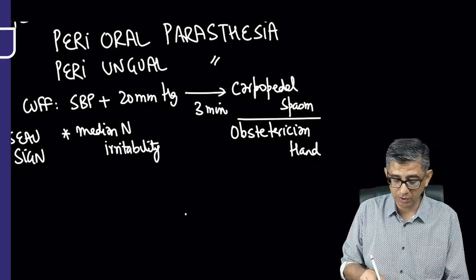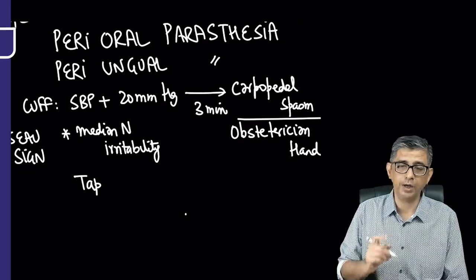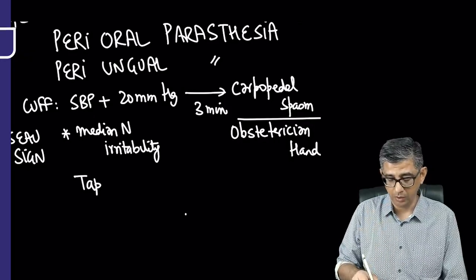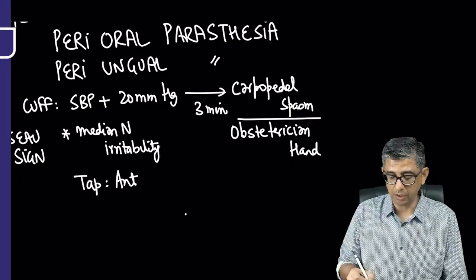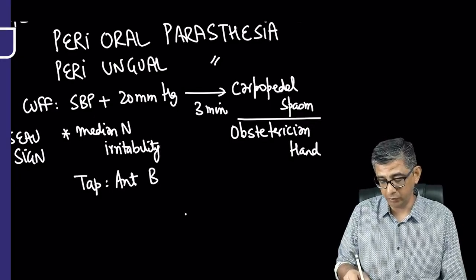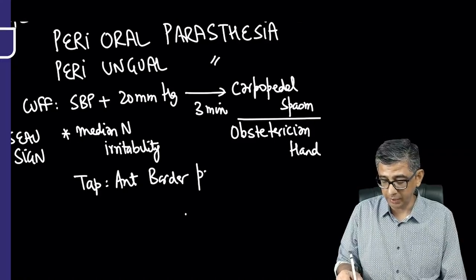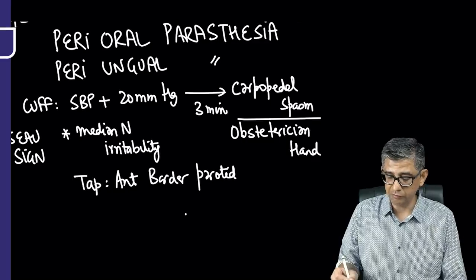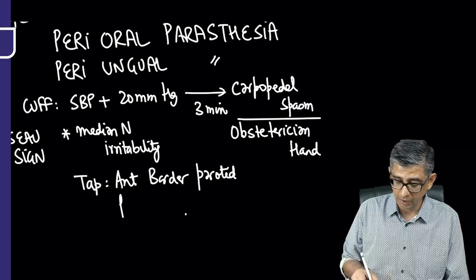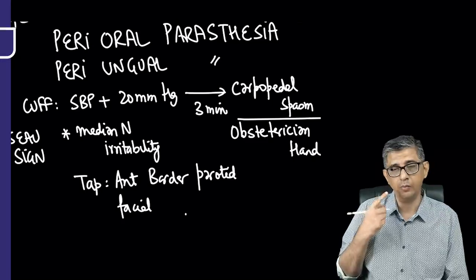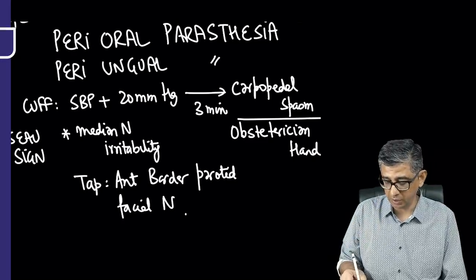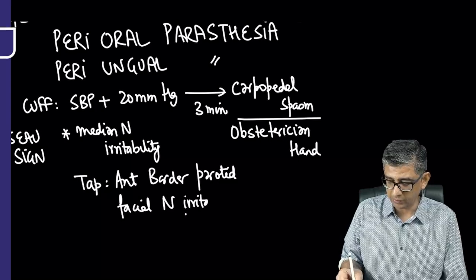The next thing I'll do in the same patient is tap on the anterior border of the parotid gland. Coming out of the anterior border of the parotid is the facial nerve. I am trying to demonstrate facial nerve irritability. In a normal person, if you tap on the anterior border of the parotid, it will not produce anything.